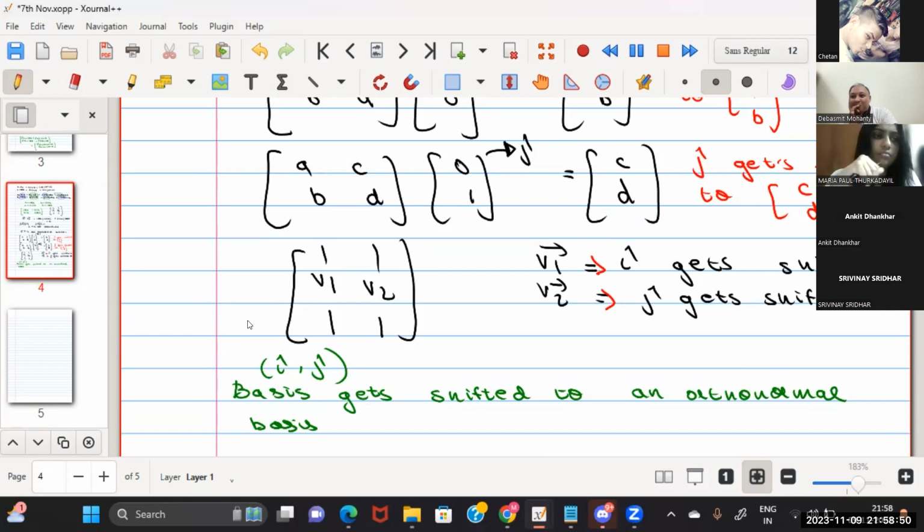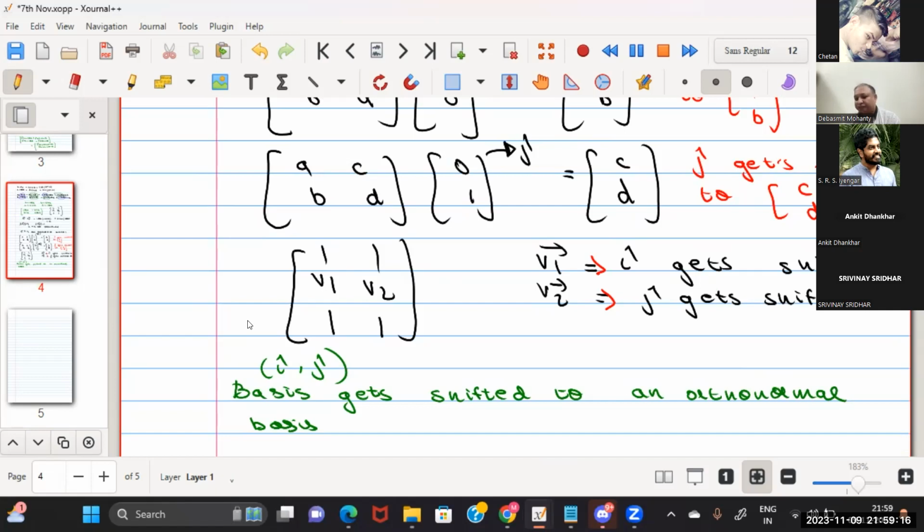But that is a special condition, and that is the property of orthonormal. If a matrix's transpose is its inverse, then that matrix is orthonormal. I repeat, a matrix's transpose is also its inverse if and only if the matrix is orthonormal, right?